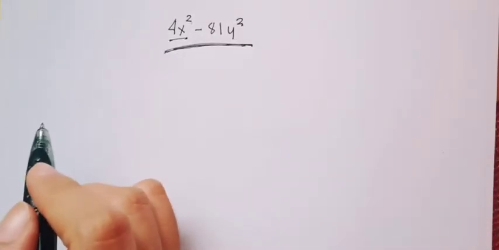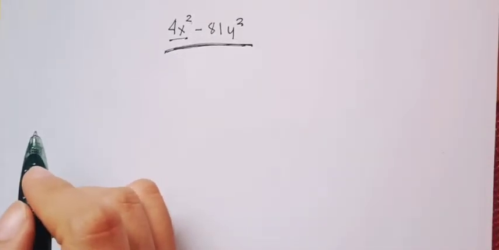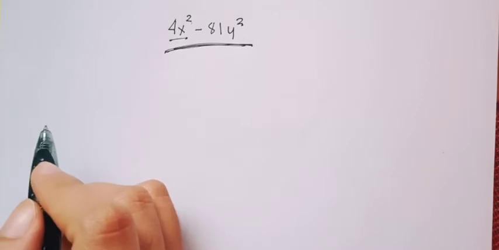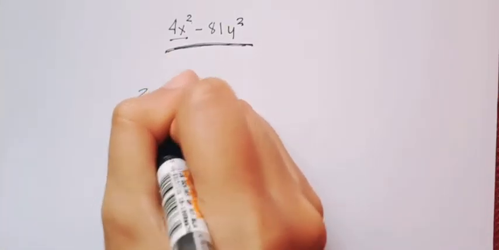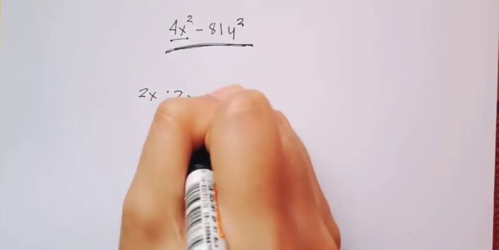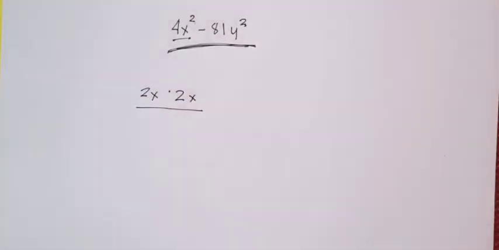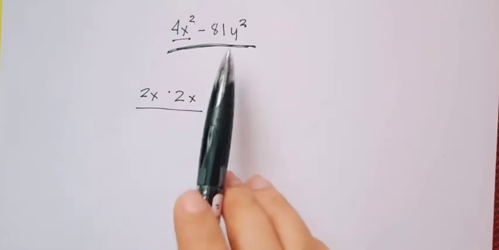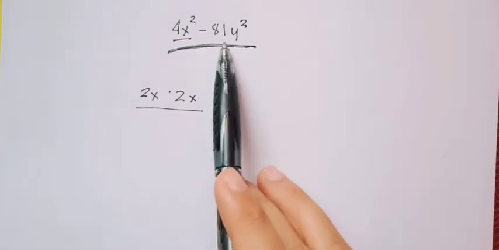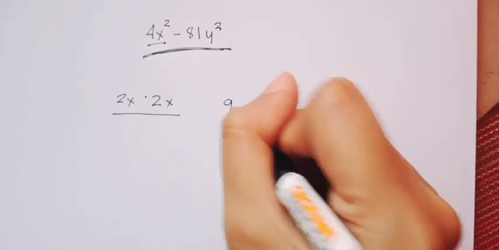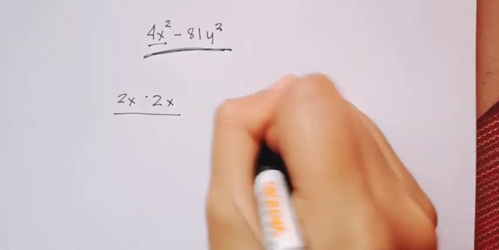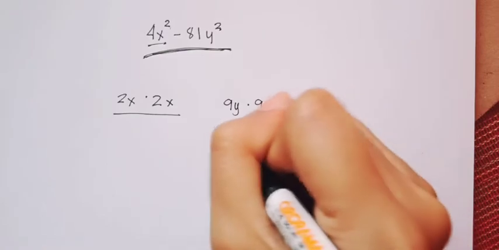So what are those numbers that multiply to 4x squared? So we have 2x times 2x. So there. And what are those that multiply to 81y squared? So those are 9y times 9y.